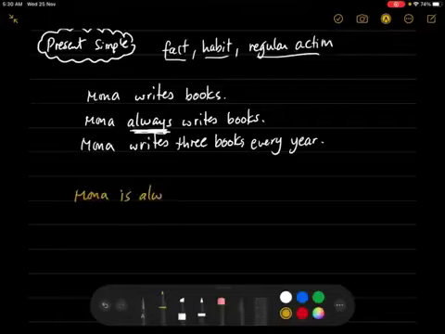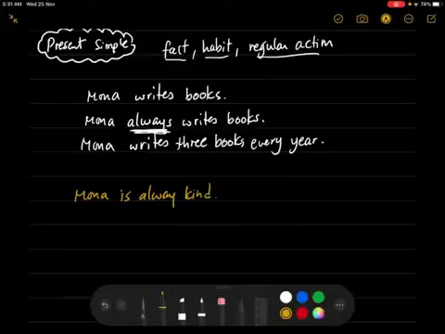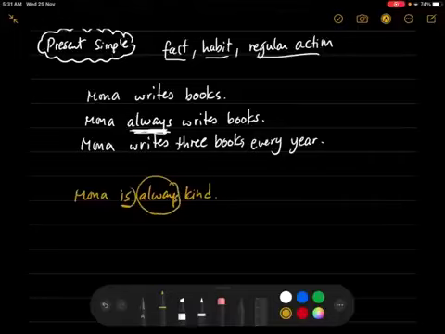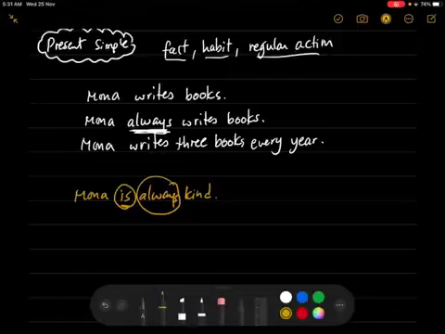We can say, for example, Mona is always kind. We see that always here comes after the verb to be. Is here, which is verb to be, is the main verb of the sentence.